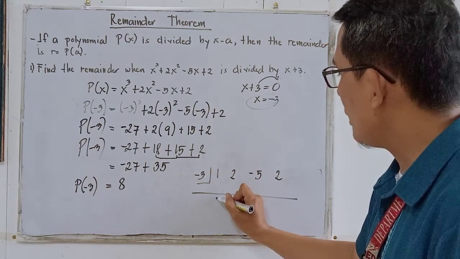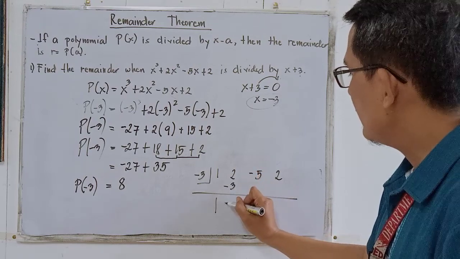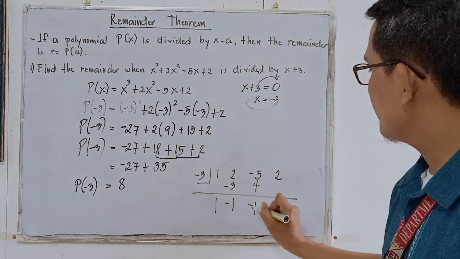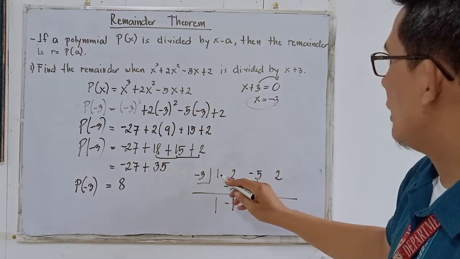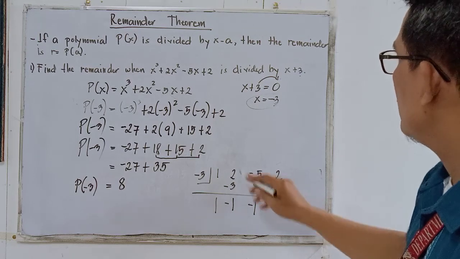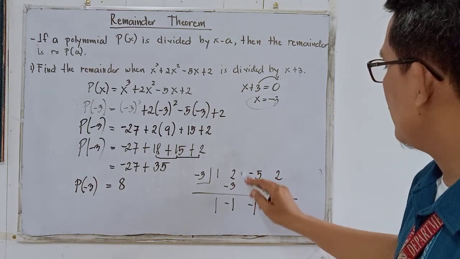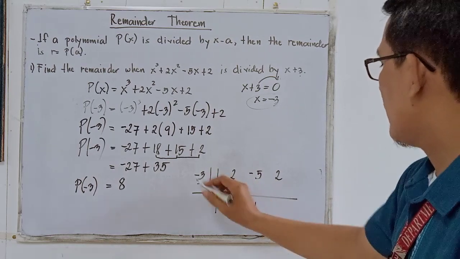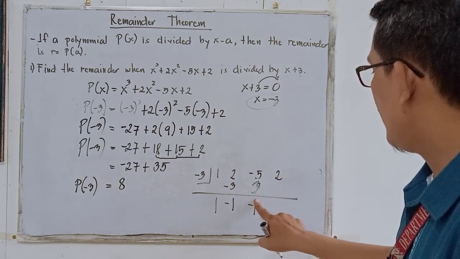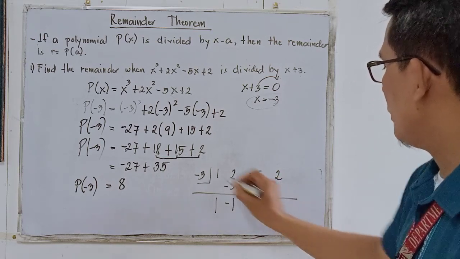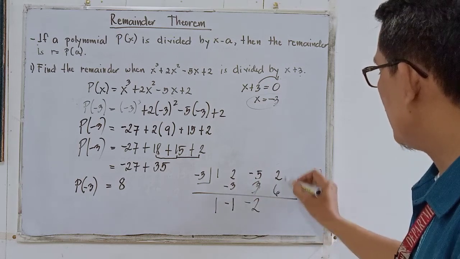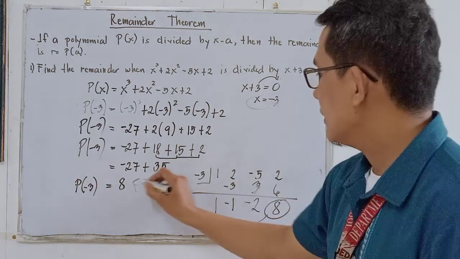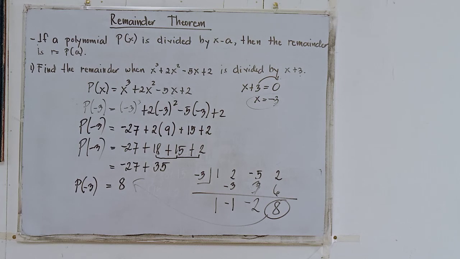We copy 1, multiply by negative 3 to get negative 3, add to get negative 1, multiply to get positive 3, add to get negative 2, multiply to get positive 6, then add to get 8. So the remainder is 8, and we have the same answer.